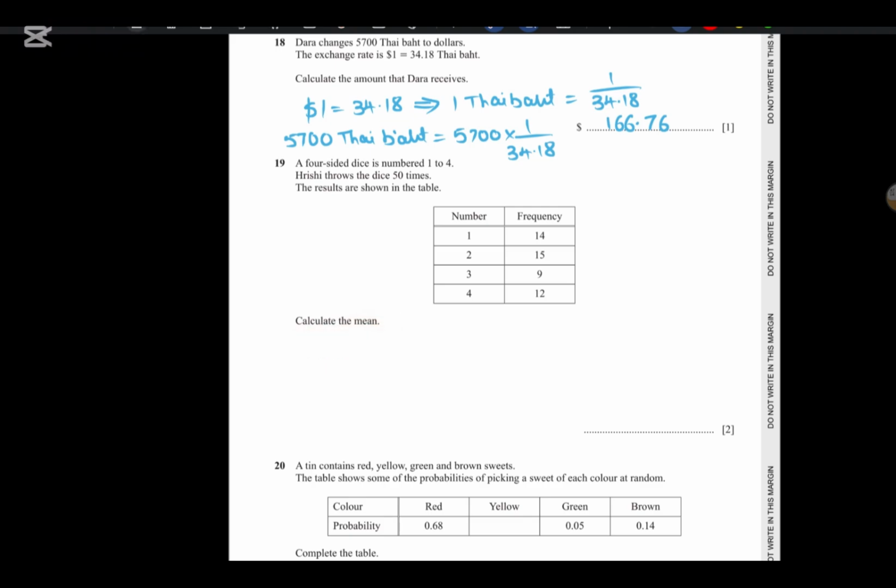So to calculate the mean, we have to multiply these two numbers, add them and divide by 50. So mean is equal to 1 into 14 plus 2 into 15 plus 3 into 9 plus 4 into 12, divided by 50. Find out.